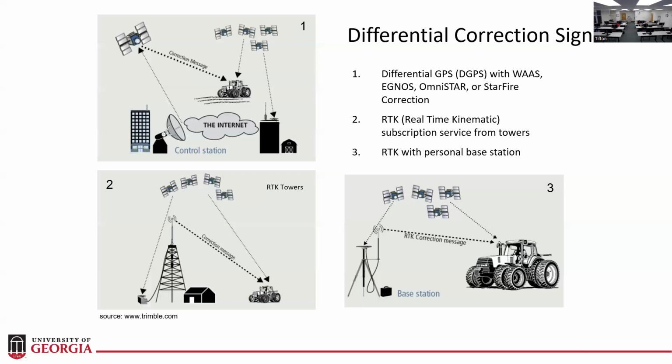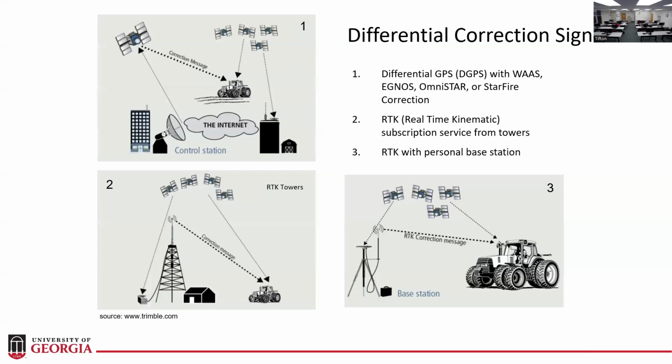So this is what we use right now. Even with aviation, the correction messages are sent to the GPS on an airplane to know where the airplane is, using WAAS or EGNOS. So these correction messages are broadcast by geostationary satellites.